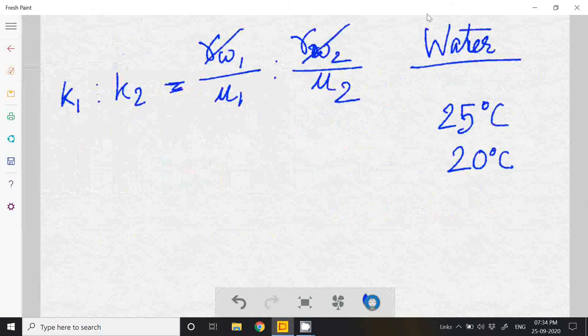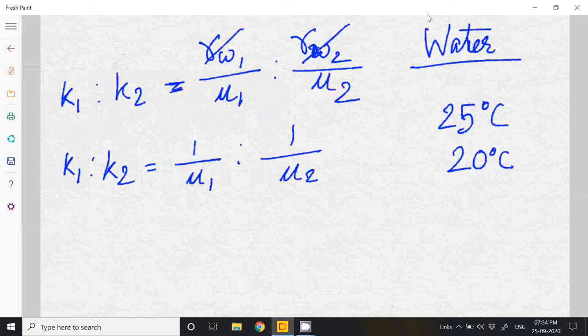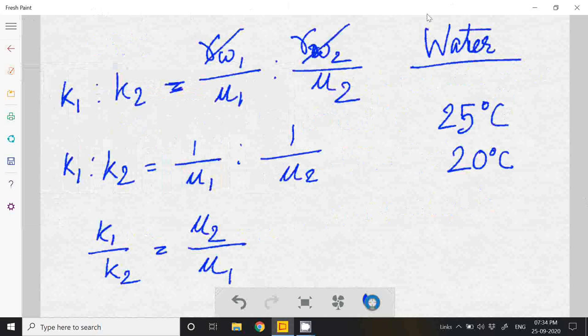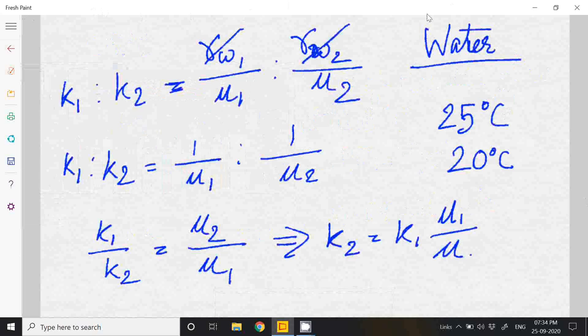So we can write K1 is to K2 is equal to 1 by mu1 is to 1 by mu2, or K1 by K2 is equal to mu2 by mu1, or K2 is equal to K1 into mu1 by mu2.